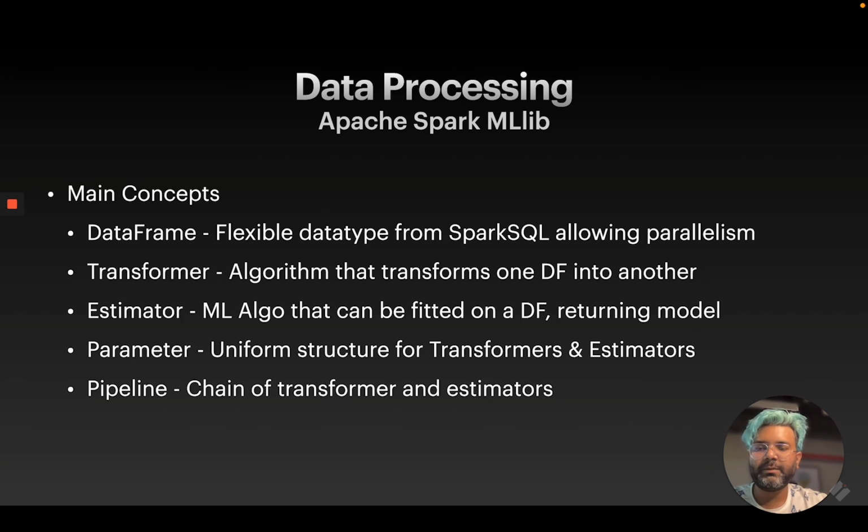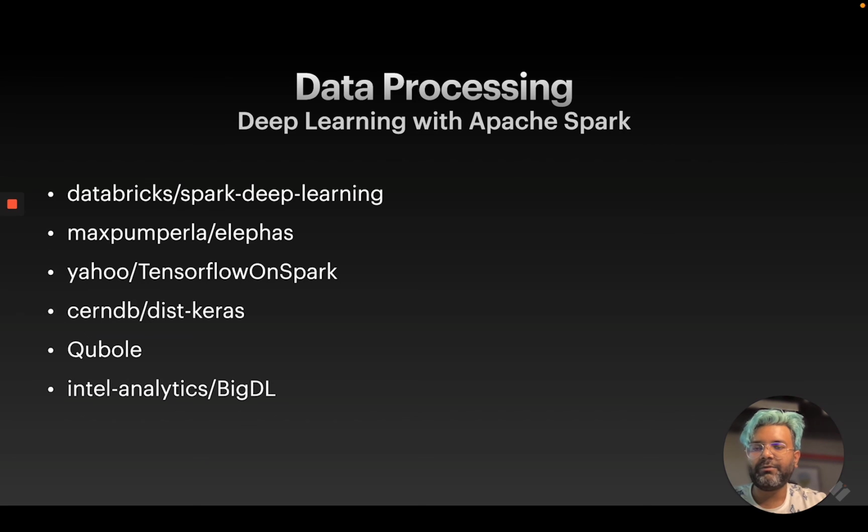Now, this is not only limited to standard or classical machine learning. There's deep learning available in Spark as well, and these are some of the top libraries that are used for doing deep learning on Spark. Now, the reason why we went so much into Spark is that Spark is really popular.